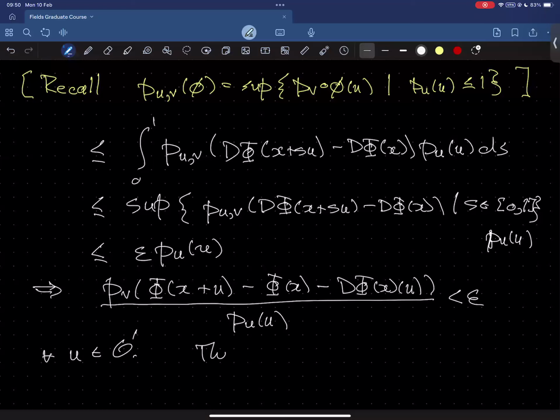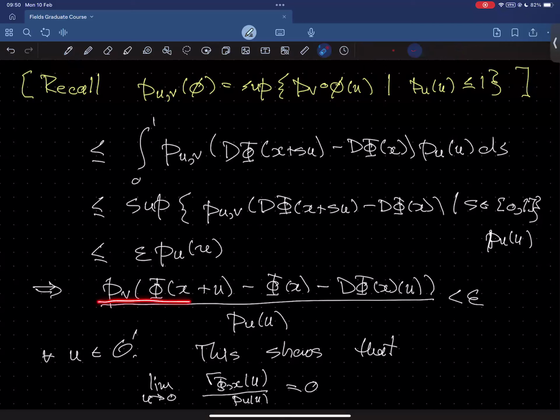So this shows that the limit as u goes to 0 of r phi x u over the norm of u is equal to 0, because this is the remainder.